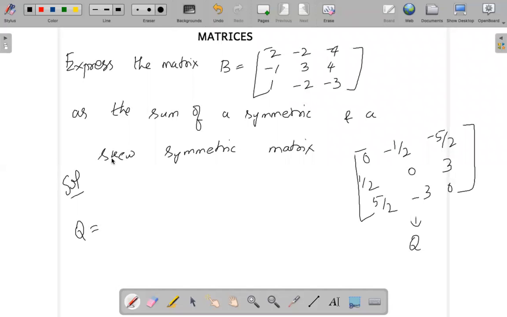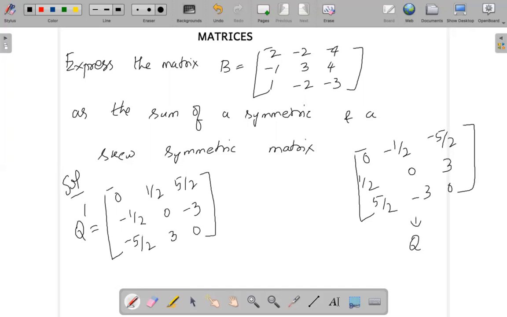So Q prime will be 0, 1 by 2, 5 by 2, minus 1 by 2, 0, minus 3, minus 5 by 2, 3, 0.